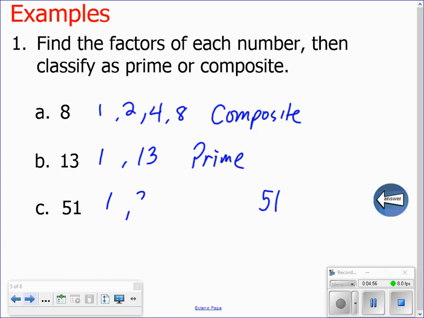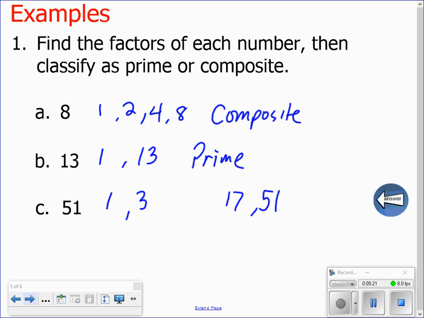So I know that I have 3, and the number that multiplies with 3 to give us 51 is 17. Again, we could check for 4. We could check for 5. We know 5 doesn't go in there because it doesn't end in a 0 or a 5. 6 doesn't go in there because our divisibility rule for 6 is that it has to be divisible by both 2 and 3.